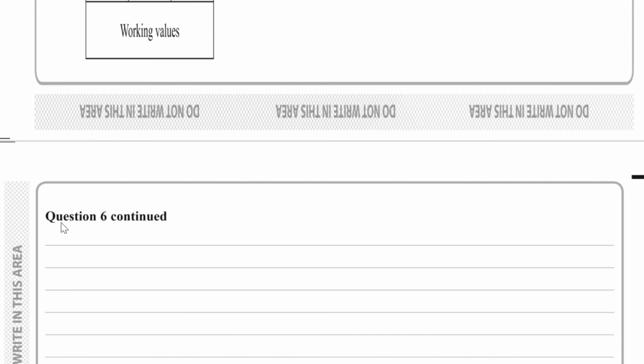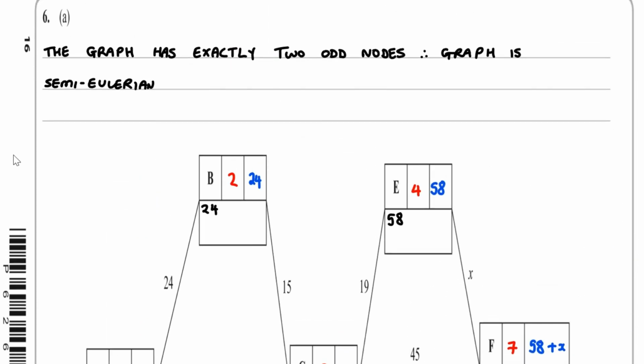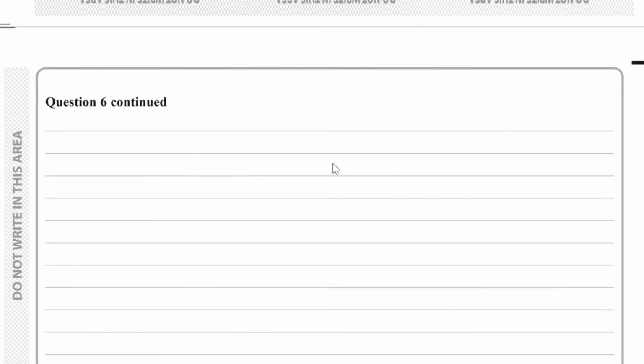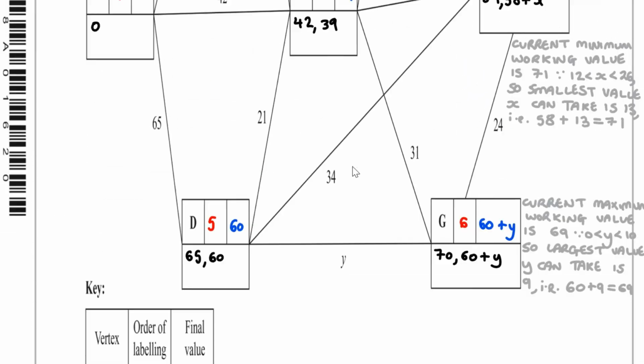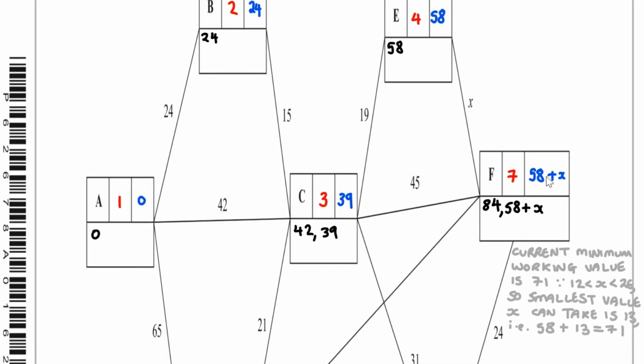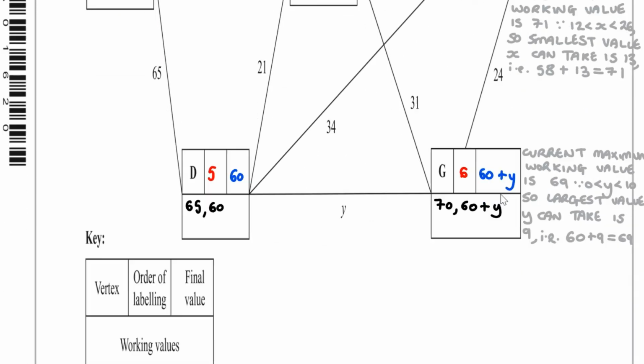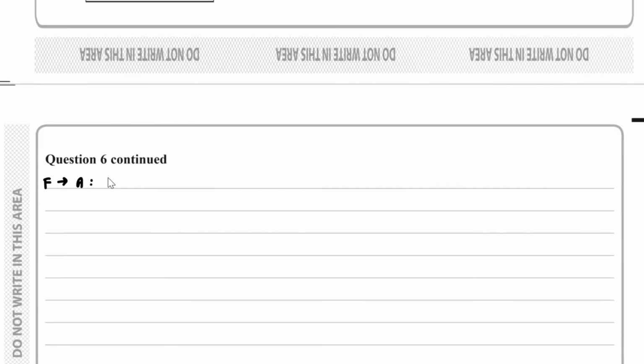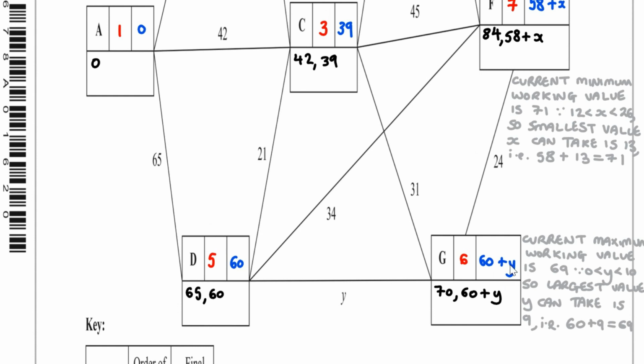We are going for part B of the question, so this is part B. We're going from F to A. So from F to A, the length of that being, well, from A to F, that's 58 plus x, so F to A will also be 58 plus x. So here we've got 58 plus x. And then from A to G, if we go back from A to G, that's 60 plus y.